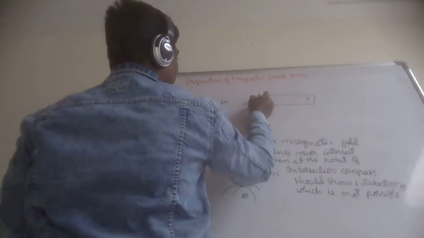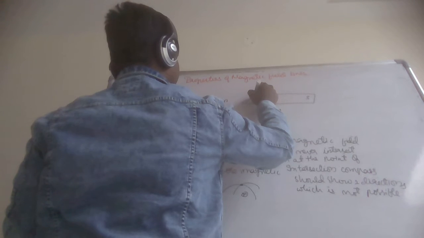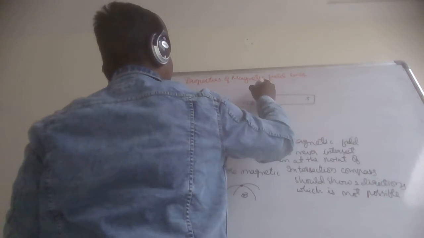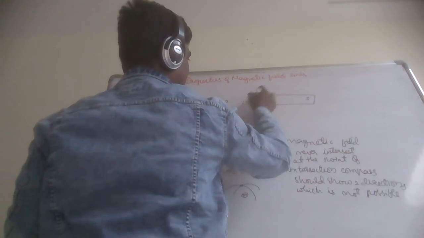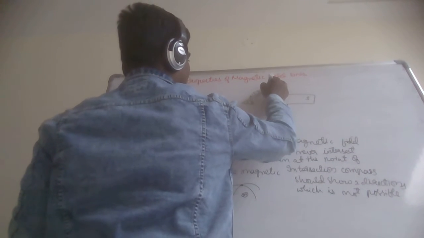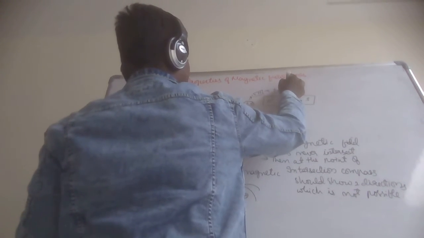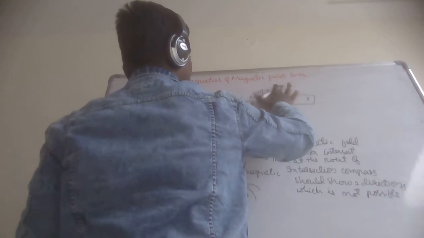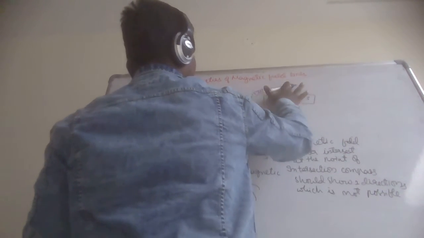Now like poles repel, so it will be forming like this. It will be like this, south north, and again here there is north, so again deflection, south north. Sorry, this is the compass, right?